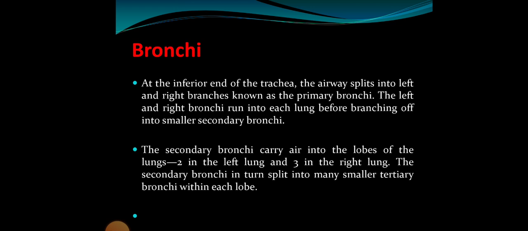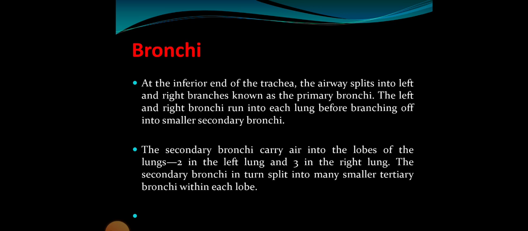At the inferior end of the trachea, the airway splits into left and right branches known as the primary bronchi. The left and right bronchi run into each lung before branching off into smaller secondary bronchi.